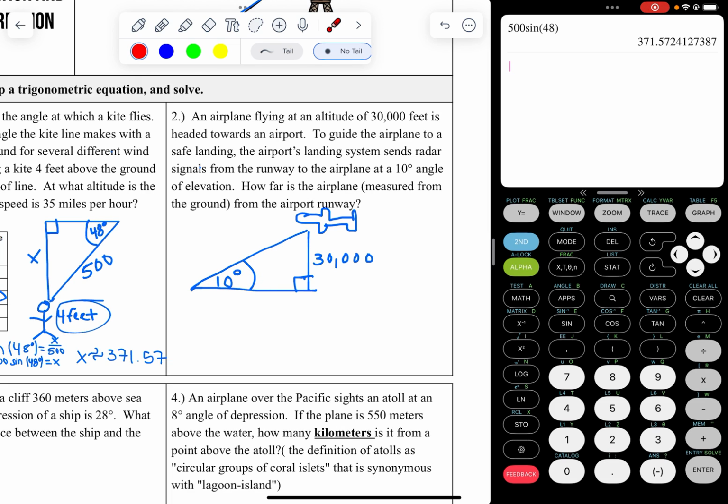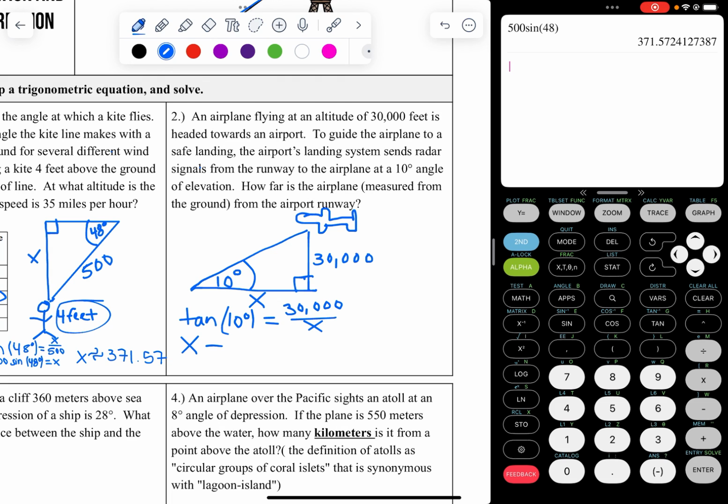We're asked for how far the airplane is, measured along the ground, from the airport runway. So we're looking for this distance right here. I'm going to say that the tangent of 10 degrees, since I have opposite and I'm looking for adjacent, will equal 30,000 divided by x.